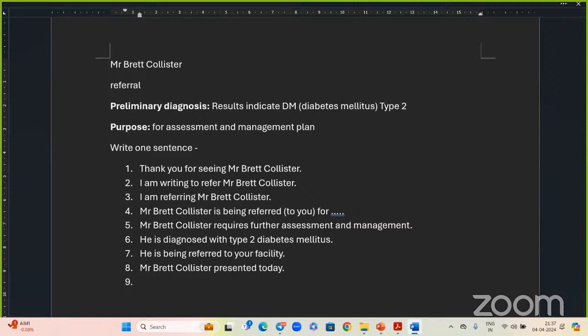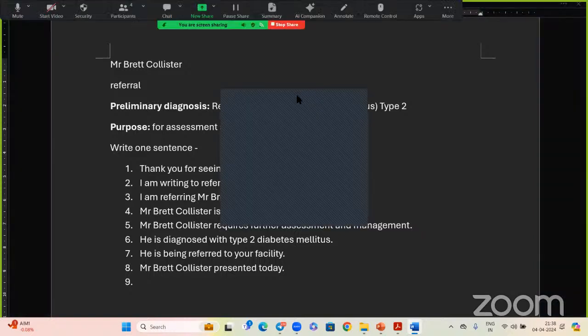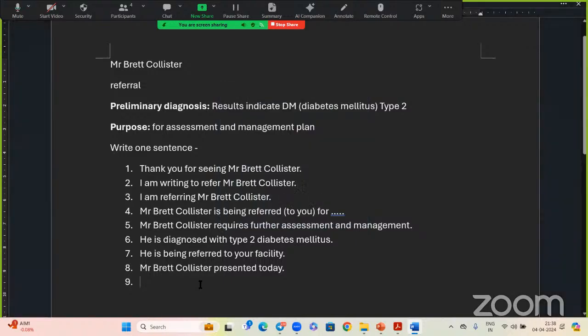Small sentences you can take. What are the other sentences that you can write?